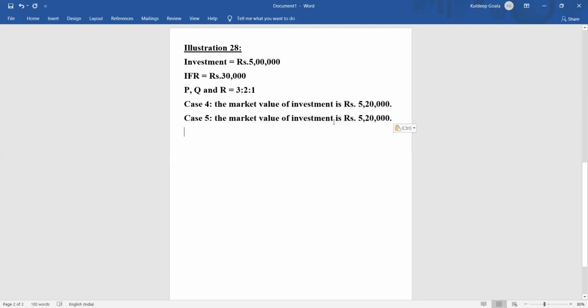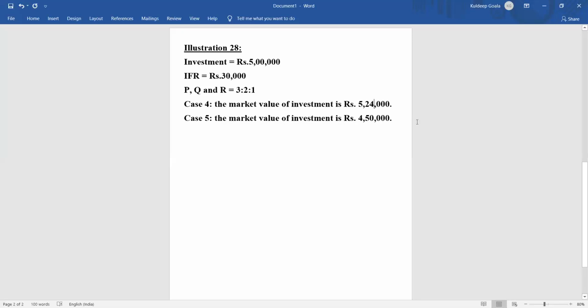What is happening here? The market value of investment is here. I'll make it 4,50,000. For convenience, I am making it 5,18,000, or a multiple of this, so it will be 5,24,000.